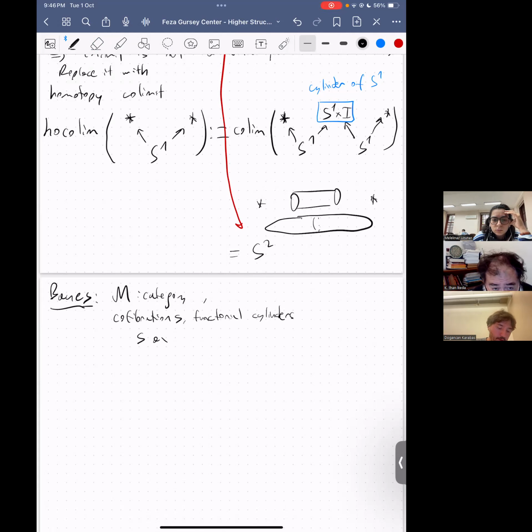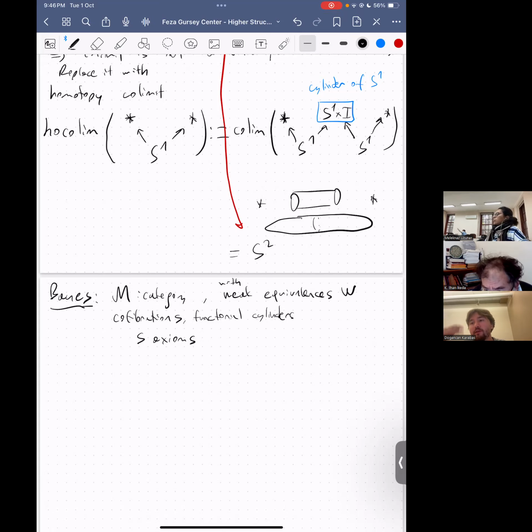And there are 5 axioms. You give me this thing. You give, of course, weak equivalences, the things that you want to be inverted.